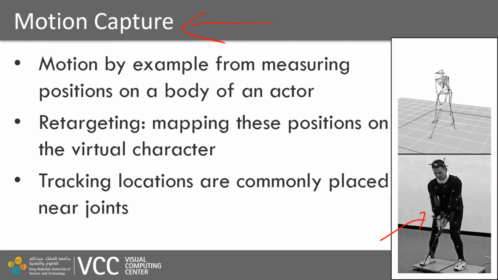And therefore, these locations are often located somewhere near the joints. And once this is done, then we will get a synchronized animation or positioning recording over time. How do these joints change over time when performing a certain action? And this information can be through forward kinematics directly mapped to our bones, which will then animate our characters.